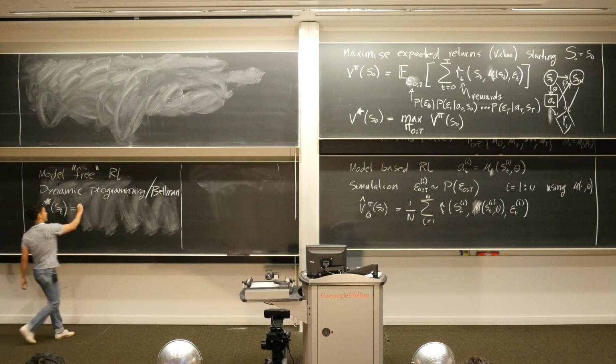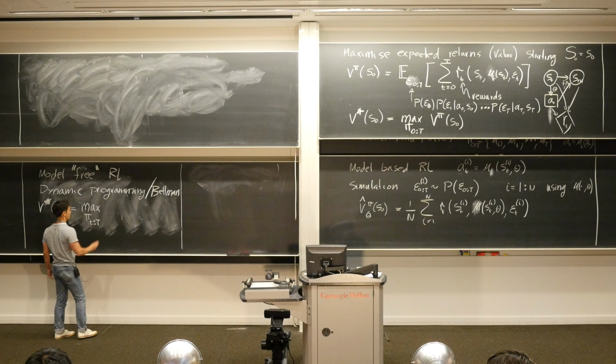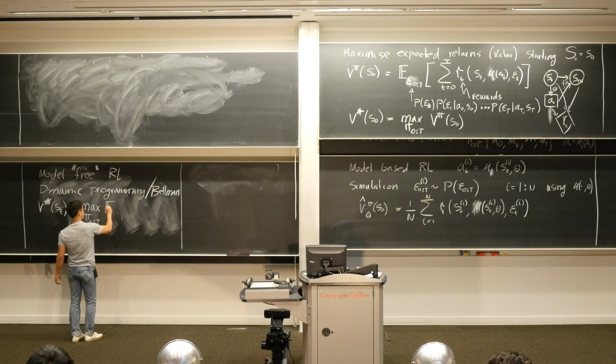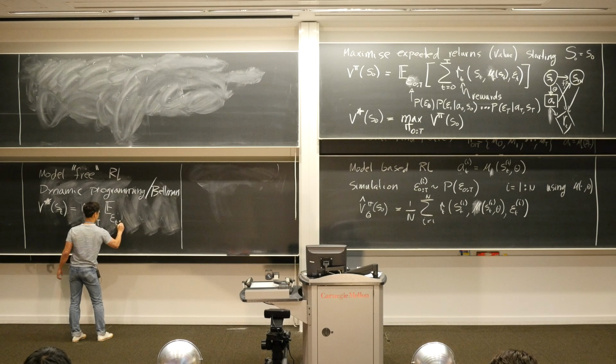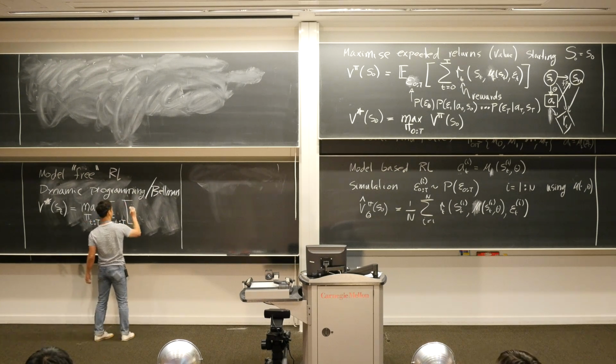And so we know that that's the max over pi t to capital T of the expectation over all the noise variables, also from stage t to the end, of the reward function.